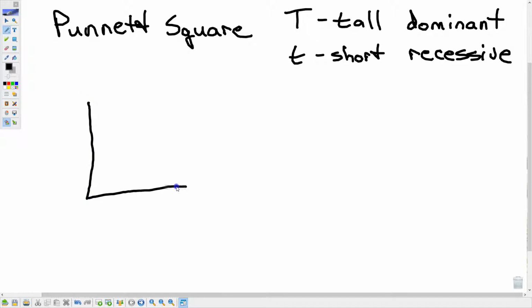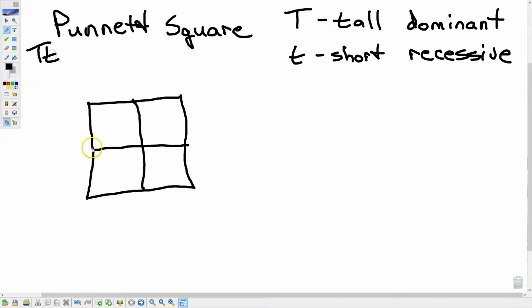So what we do to do a Punnett square is, not surprisingly, we draw a square. And then, if we have two parents that are big T, little t, we put a big T here, we put a little t here.